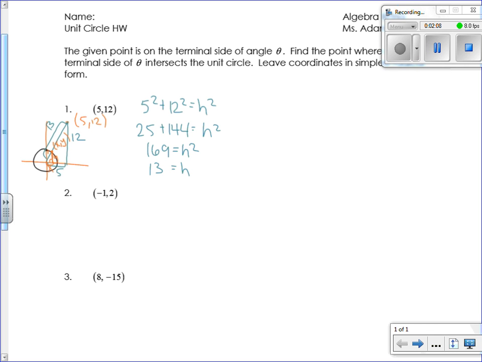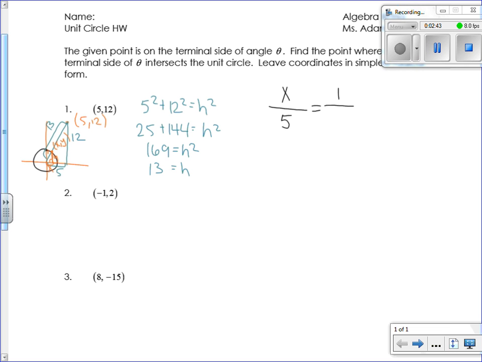So let's look at the x's first. The base of the baby triangle is x. The base of the big triangle is 5. Now we can't set this up using the y's because that would be two unknowns, so we have to set this equal to a ratio that we do know. We do know the hypotenuse for both triangles. Since I did baby triangle on top, the hypotenuse of the baby triangle is 1.